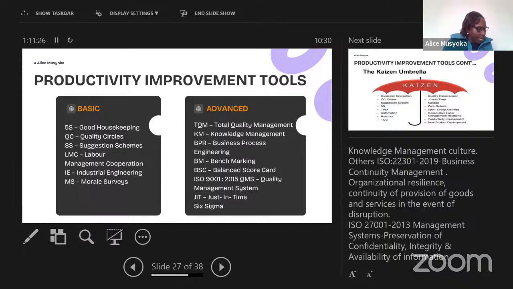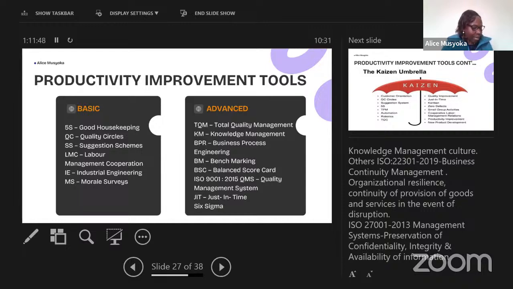Then we have Six Sigma, which is the last one on these productivity improvement tools. Six Sigma refers to a statistical measure of how far a process deviates from perfection, and it focuses on producing no defects.